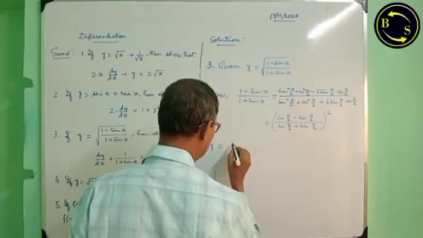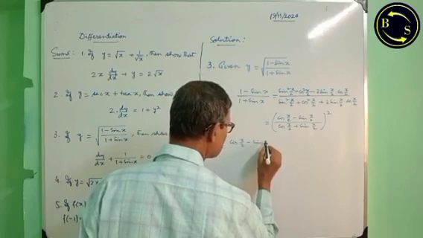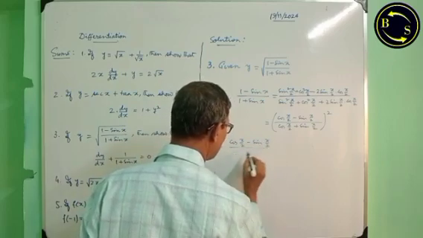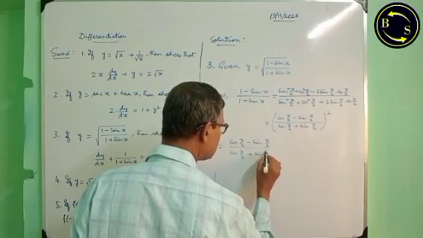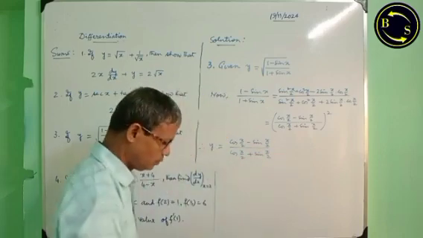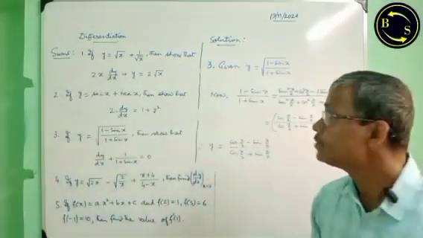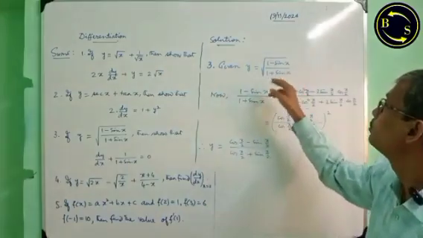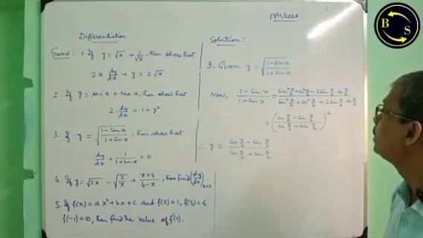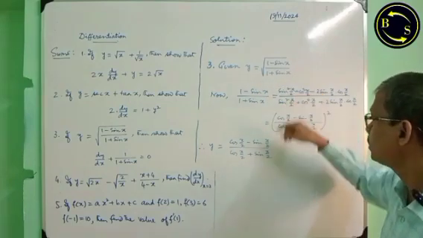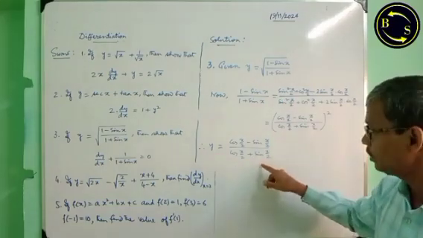Therefore, y will be equal to cos x by 2 minus sin x by 2 by cos x by 2 plus sin x by 2. Since the expression within the square root symbol is 1 minus sin x by 1 plus sin x, we can express that expression in square form, therefore y will be this one.